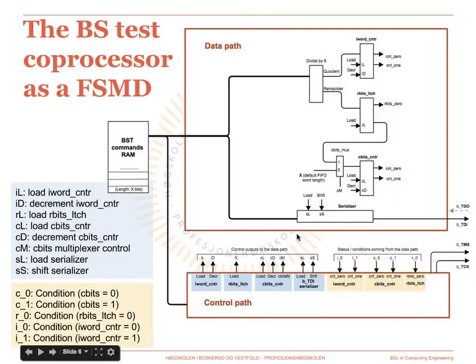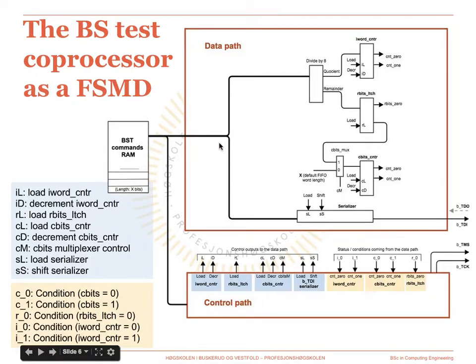Notice that the shared memory is needed both for the control path and also for the data path, since the current test opcode defines the sequence of control actions that will be sent to the counters and serializer, and also to the data path.